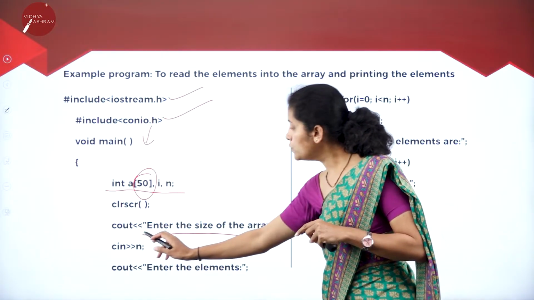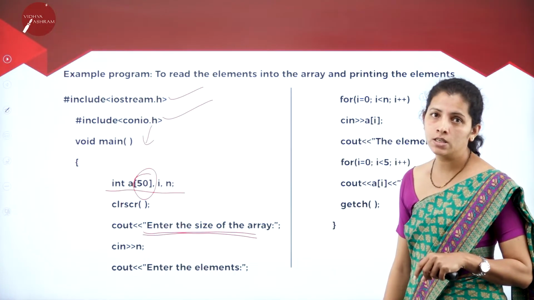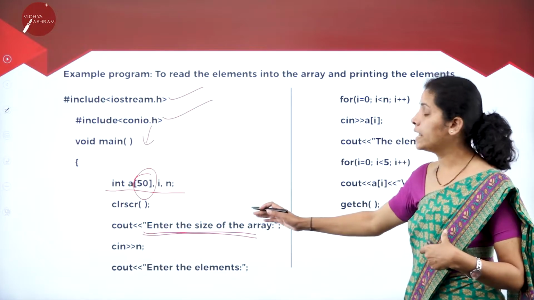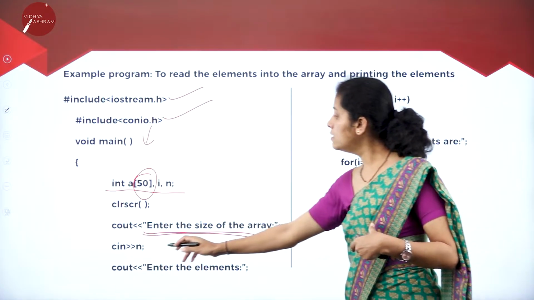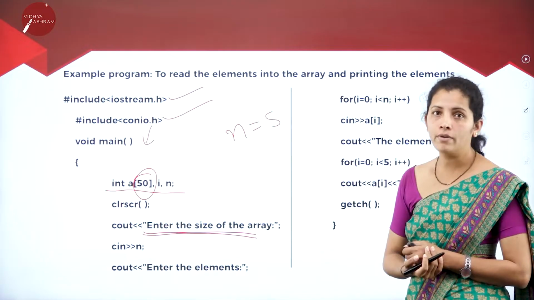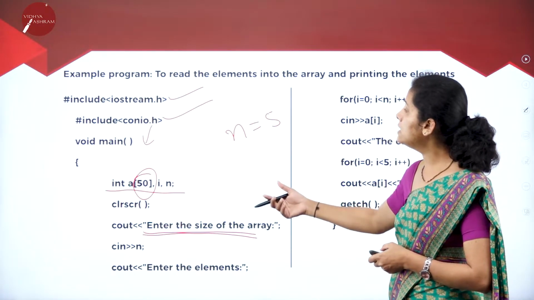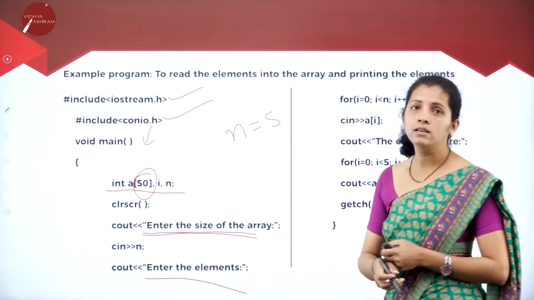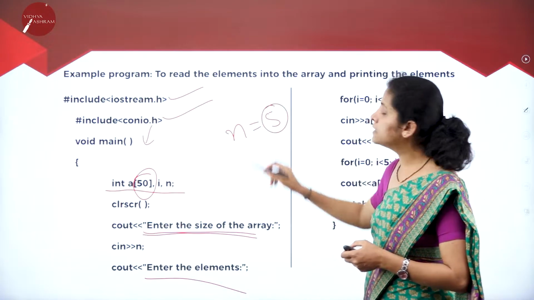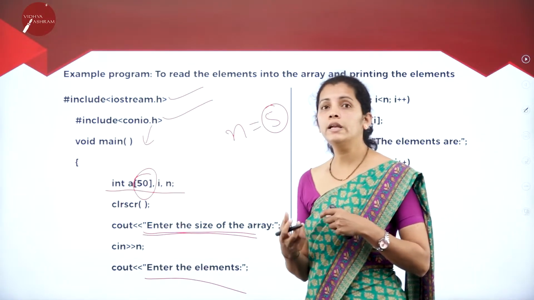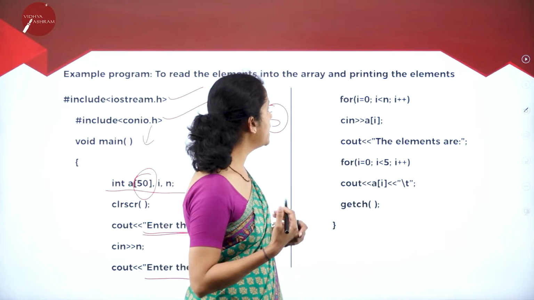Now, I'm going to display a message to the user so that the user can input the array size. So here, for example, think that I'm going to enter 5. Now n is 5. Here 5 is nothing but the size of the array. After that, I want to read the elements one by one.